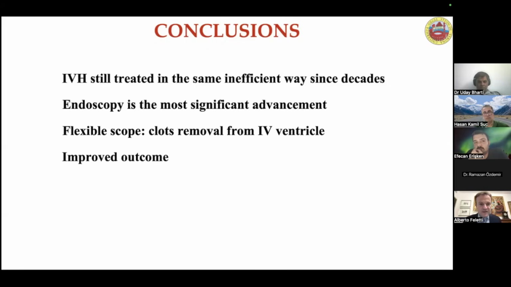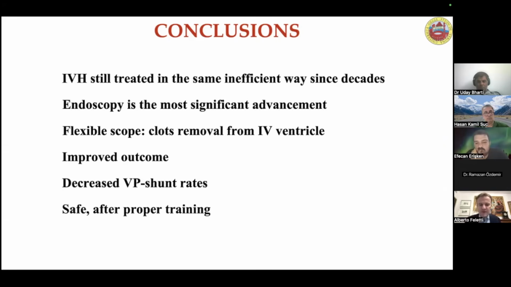You can, as I said, improve the outcome, and also, as shown by the recent meta-analysis and systematic reviews, you can also reduce the VP shunt rates in these patients.